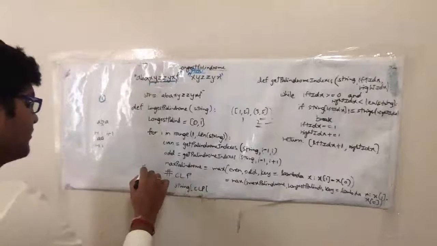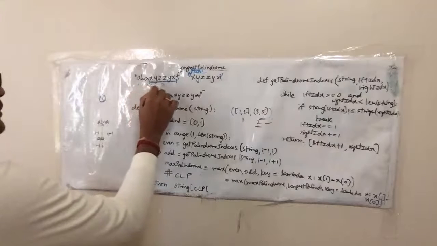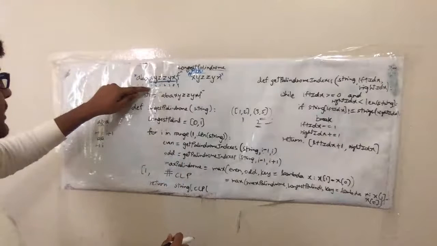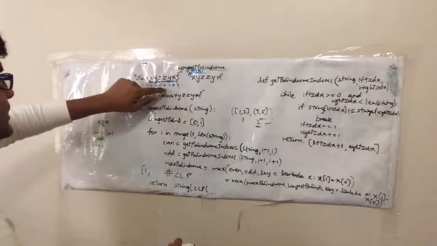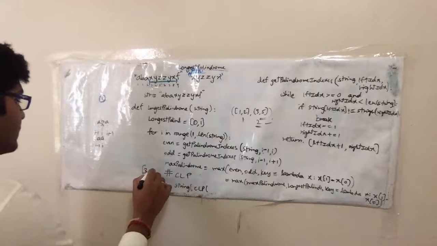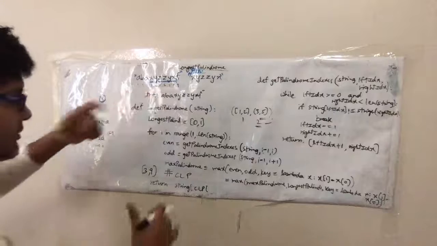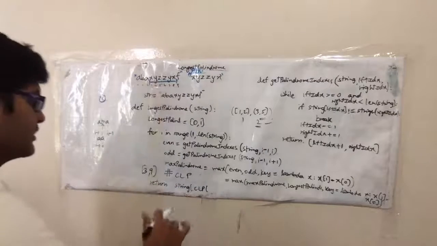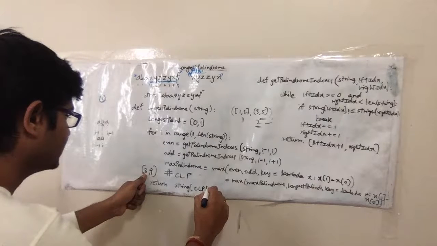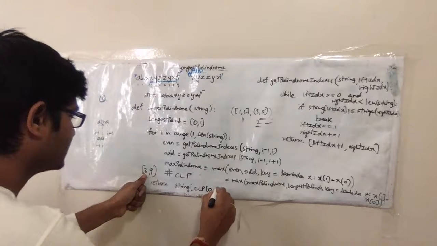For example, this is 0 1 2 3 4 5 6 7 8 9. After executing this function, CLP will contain 3 and 9. So the substring would become 3 to 8. That is the maximum possible palindrome out of this given string. So we need to call CLP of 0 and CLP of 1.